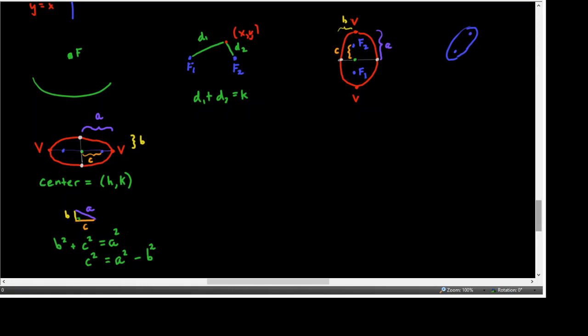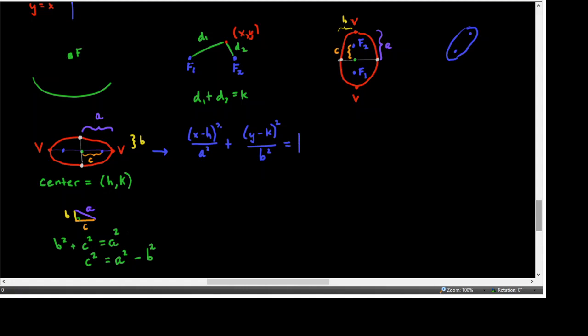So, there are 2 equations that are possible for this. For this one, where the major axis is horizontal, it's going to be x minus h quantity squared over a squared plus y minus k quantity squared over b squared equals 1.